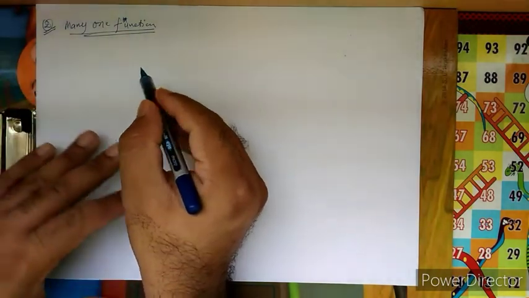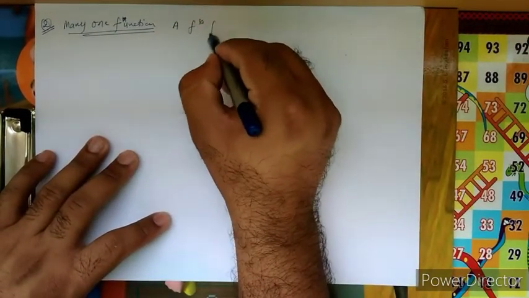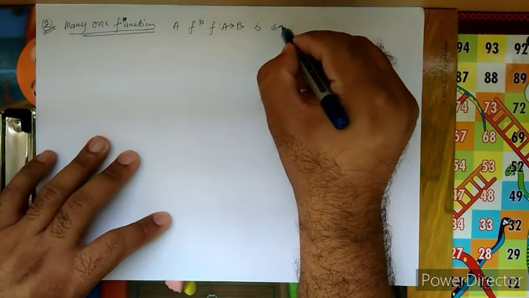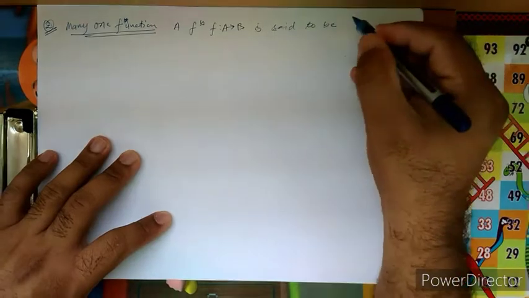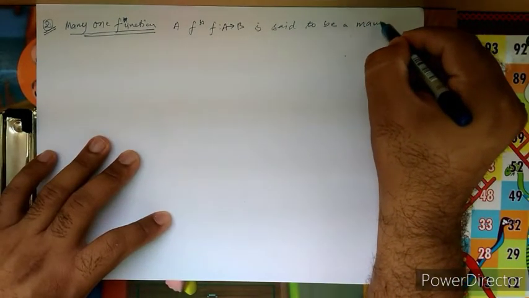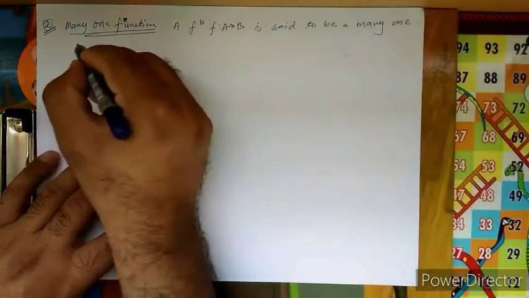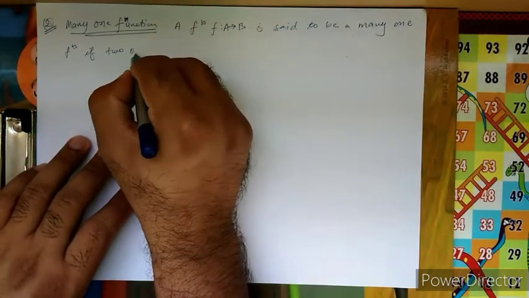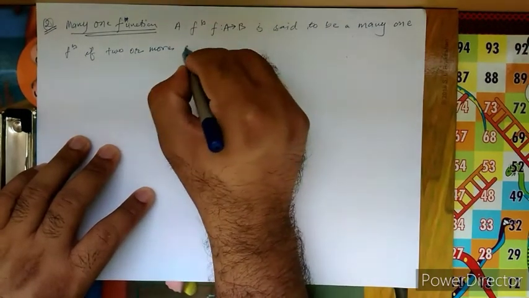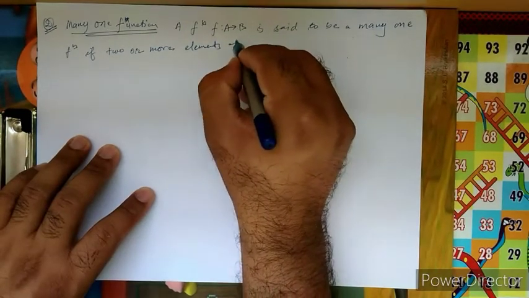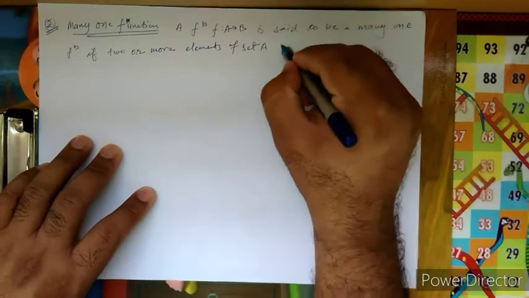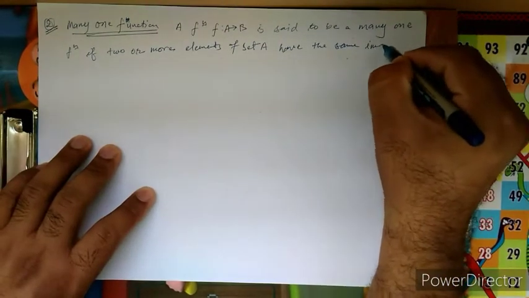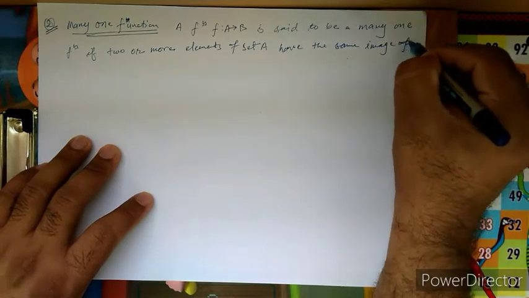A function f from A to B is said to be many one function if two or more elements of set A have the same image in B.